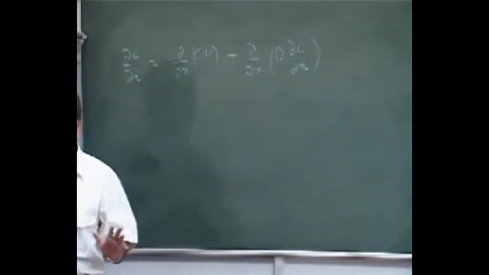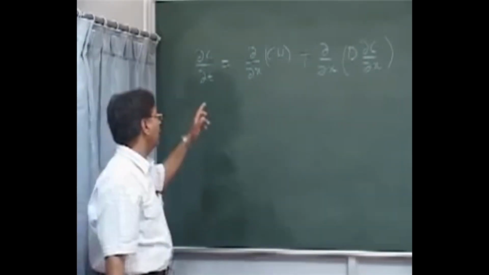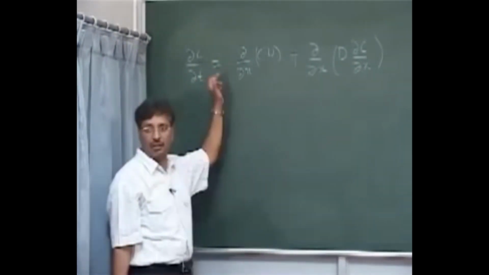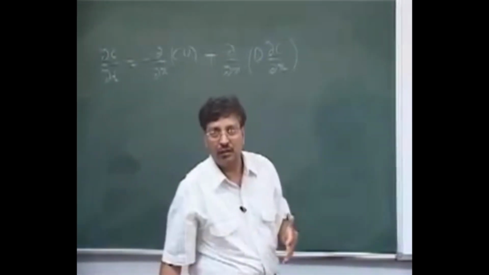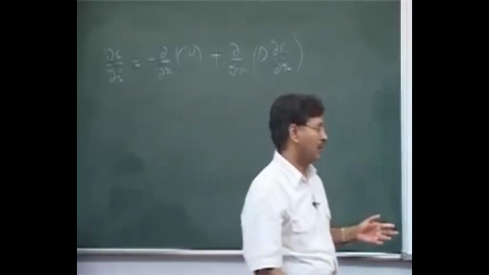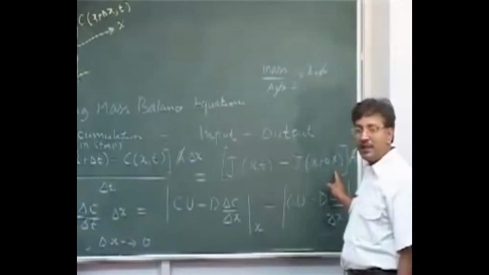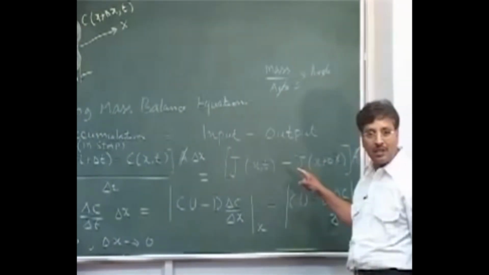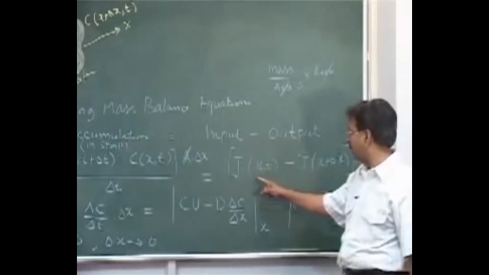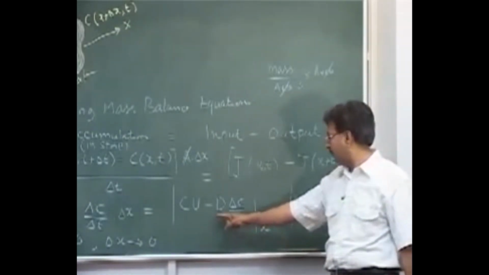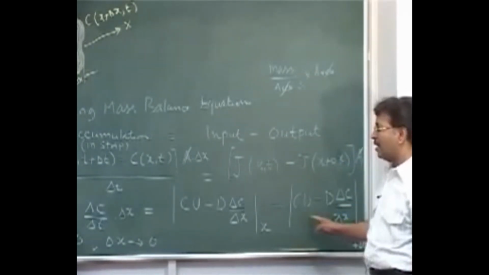See if you are getting the same expression or not. You also have to make sure what I have written is correct. Is it a minus sign? Does everyone see how the minus sign comes here? For the derivative, it is the concentration at x plus delta x minus the concentration at x. But here this term is plus.